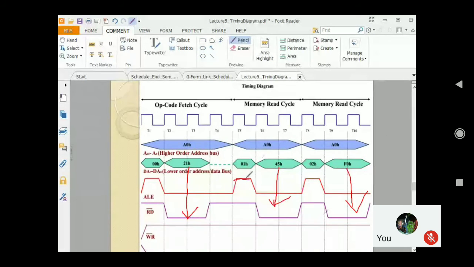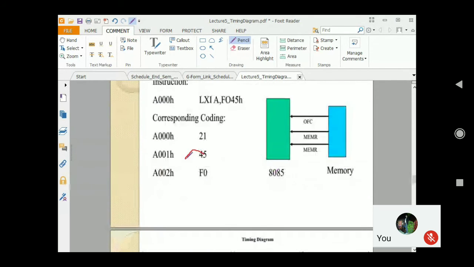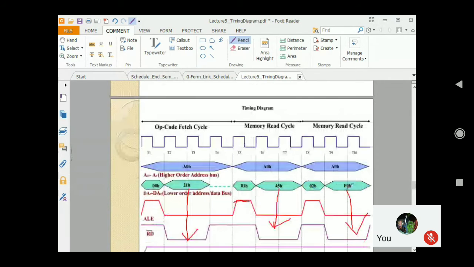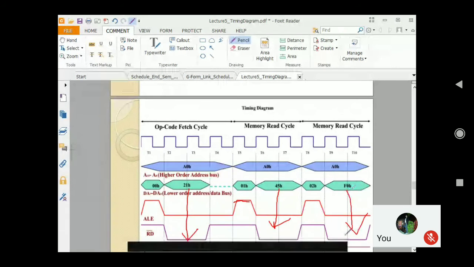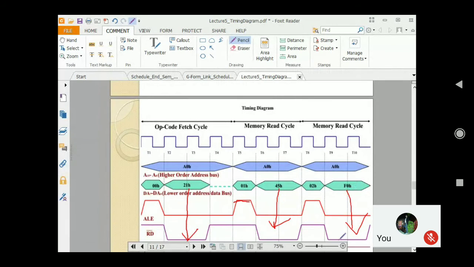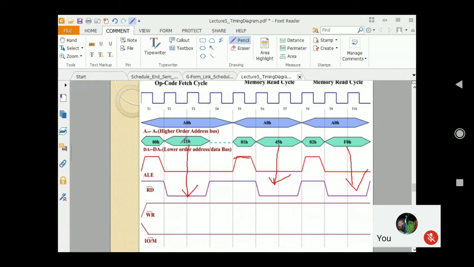So we have two memory reads, and for each read, RD bar will be low. But there is no write operation, so WR bar is always high in my timing diagram.